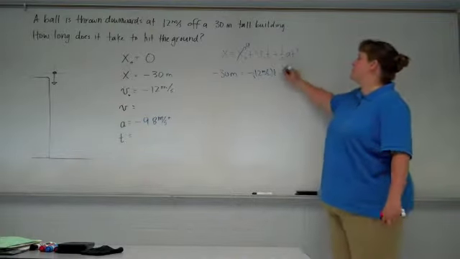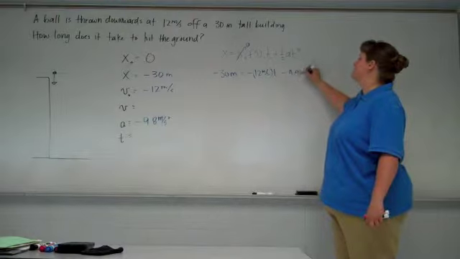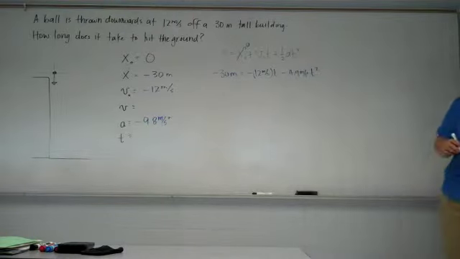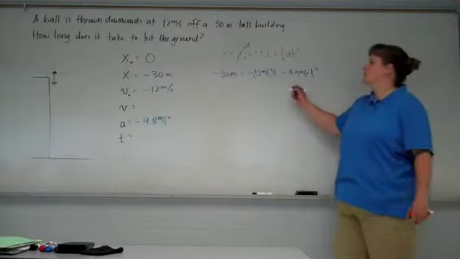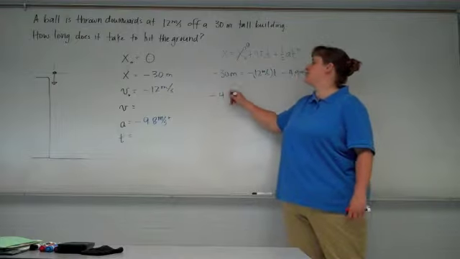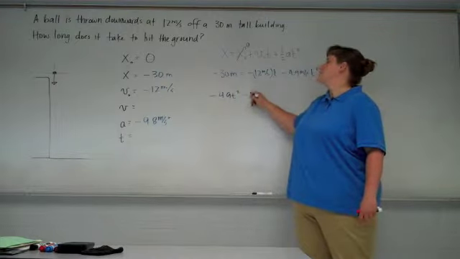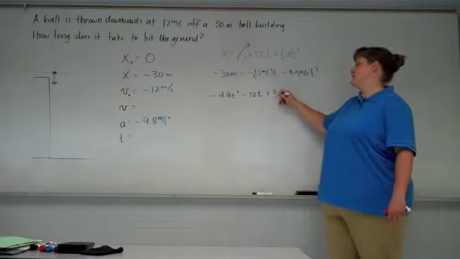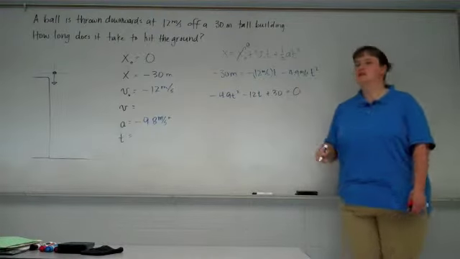Half of 9.8 is 4.9. We have time in a couple terms. We can write this as negative 4.9 t squared minus 12t. We need to bring that over, so plus 30 is equal to 0.